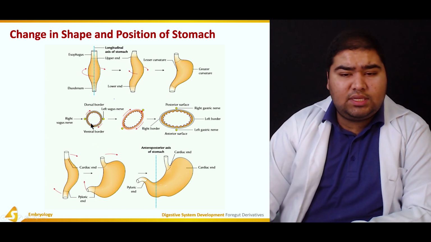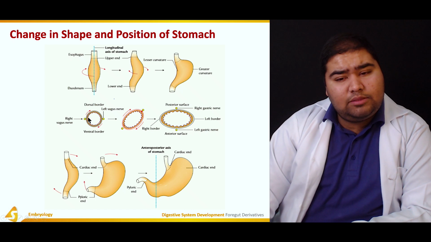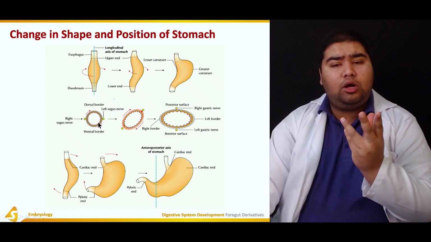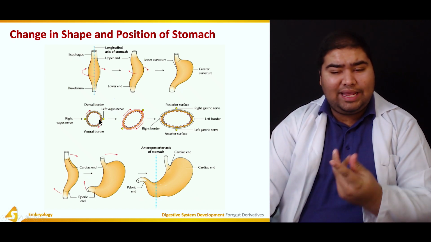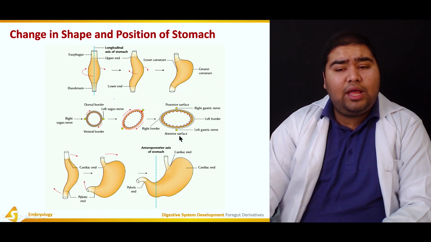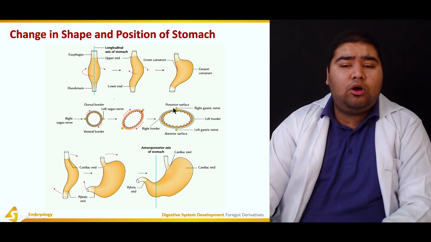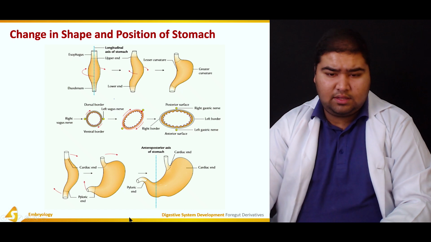Here if you see, this is the left vagus nerve, this is the right vagus nerve, and now they are spinning around the longitudinal axis, as a result of which this left vagus nerve comes to lie on the anterior surface, and the right vagus nerve comes to lie on the posterior surface.